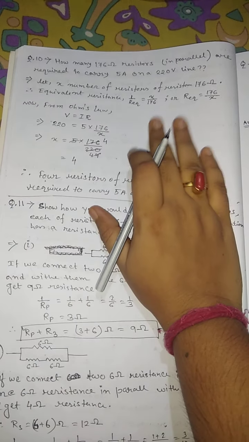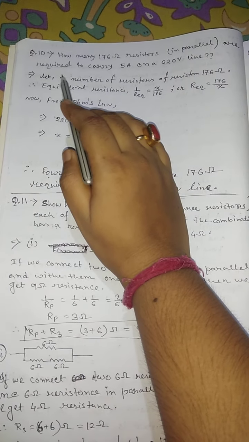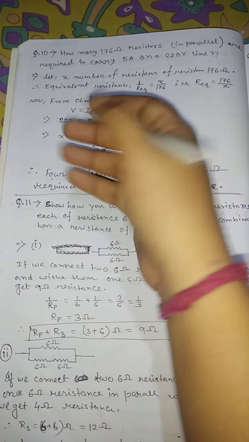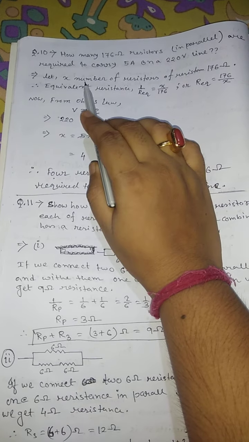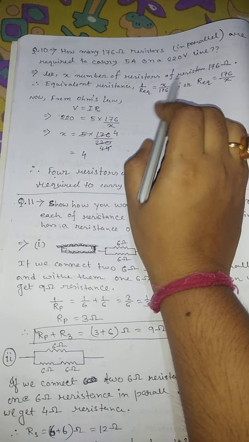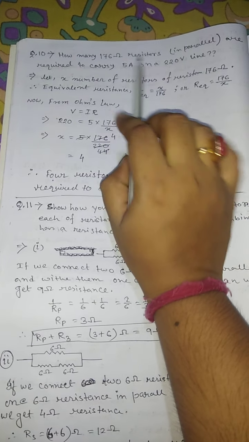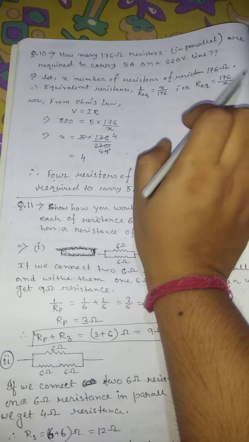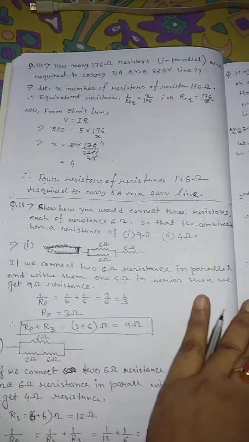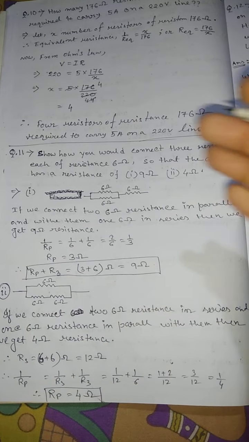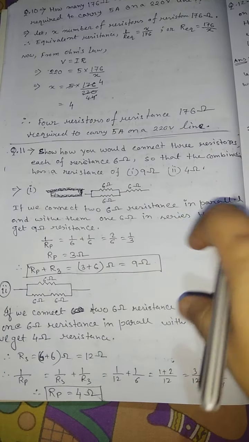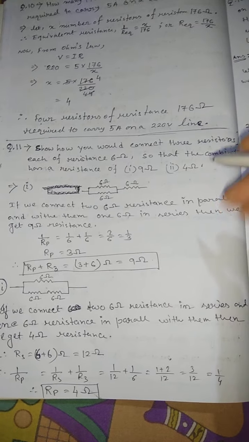If this type of problem is there, then you first consider X or A, anything you like, and then 1 by R equivalent equals that number divided by this one. So R equivalent equals 176 by X. This type of problem we also solved when we discussed parallel combination and series combination.